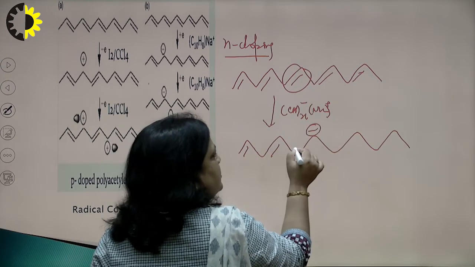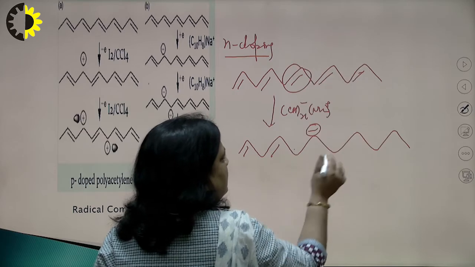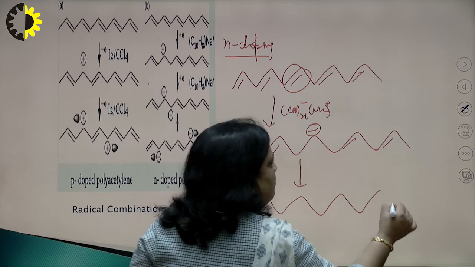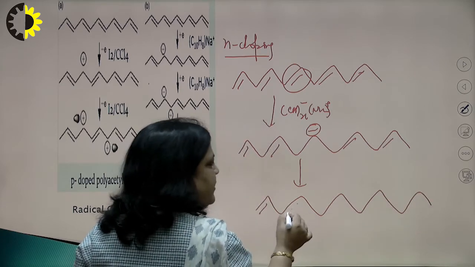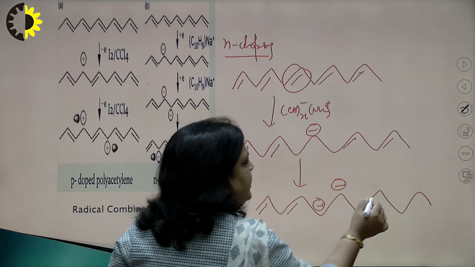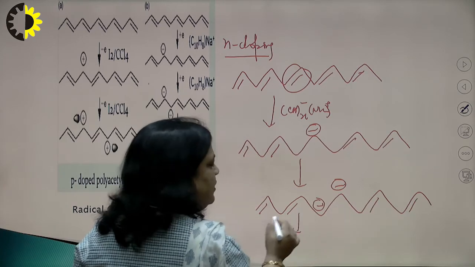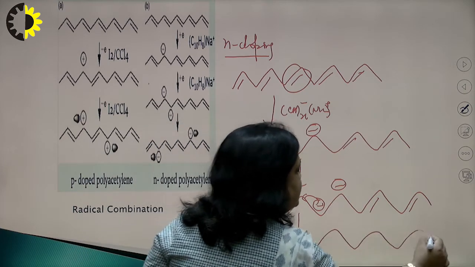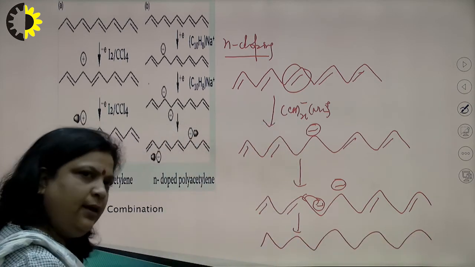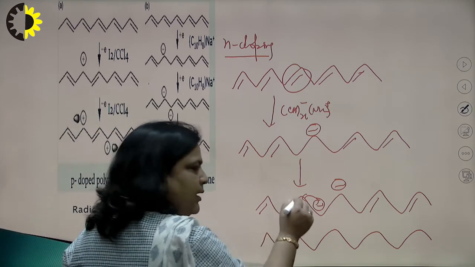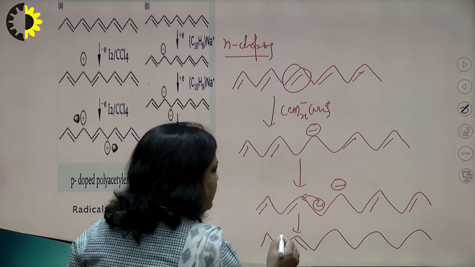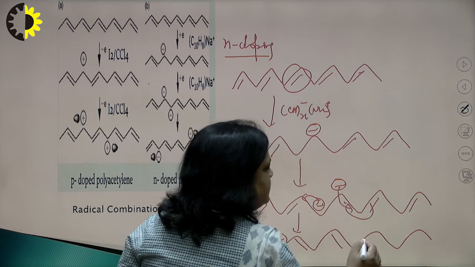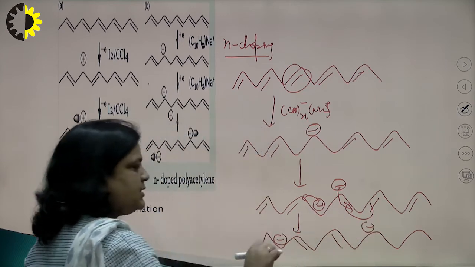So, negative charge, the same, and again reduction by radical combination like this, and then movement. And negative charge, we know it is a simple resonance effect, away and towards. So, here, like this, the separation.